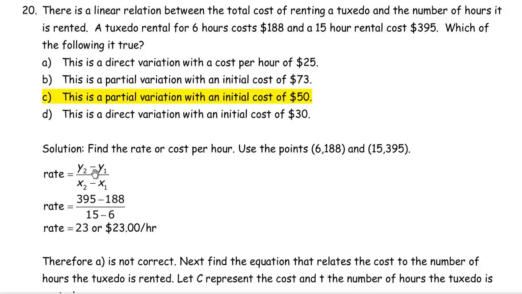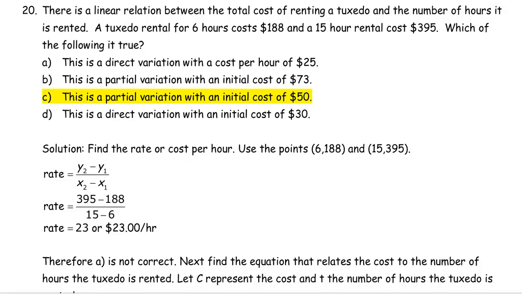So we subtract the y values. The second number is the cost in this case, on top in the numerator. So I did 395 minus 188, and 15 minus 6 in the denominator. If you want to write 188 minus 395 in the numerator, that's okay. Just make sure that if you do that, you go 6 minus 15 in the same order in the denominator.